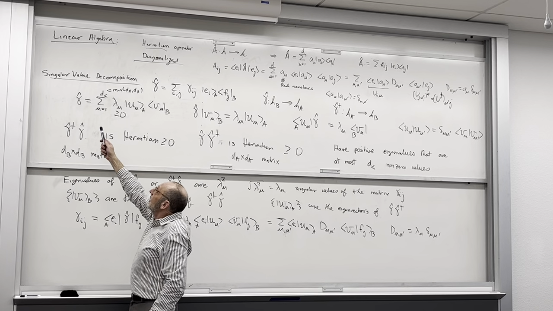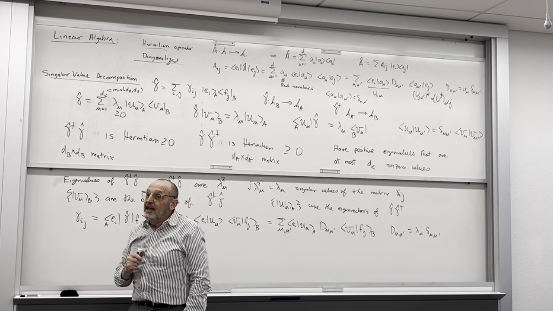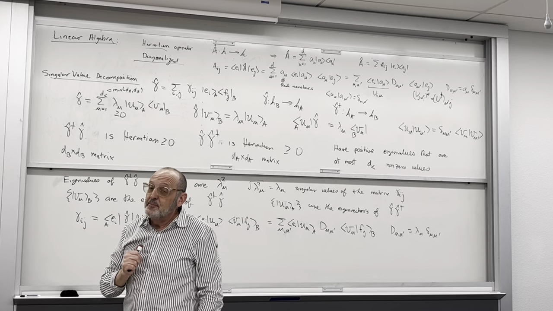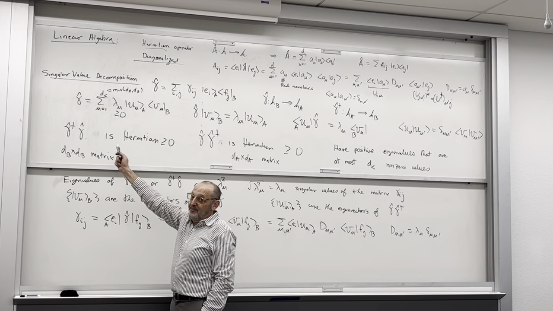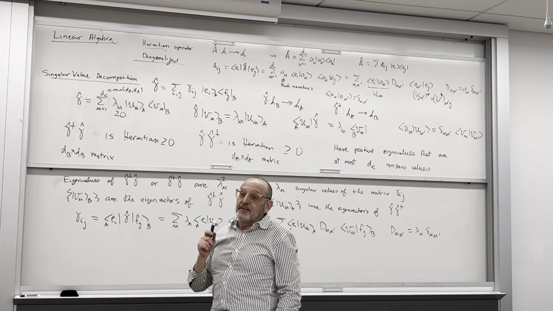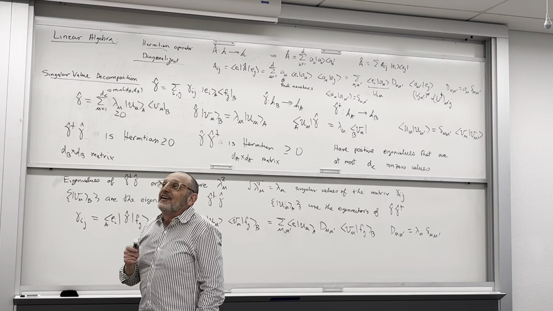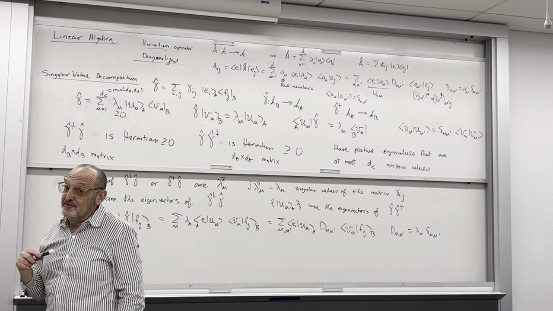and I wanted to ask what is a singular value decomposition, it's not the same thing as a spectral decomposition, because the singular values are the square roots of the eigenvalues of the square of the matrix. Those eigenvalues of the square are positive numbers, whether the original eigenvalues are positive or negative.